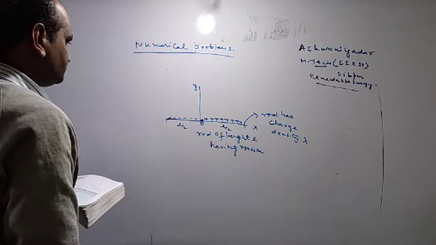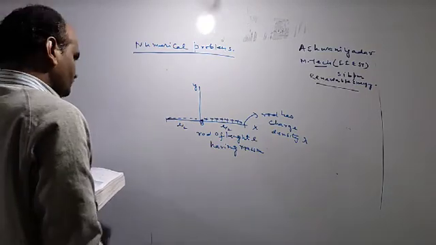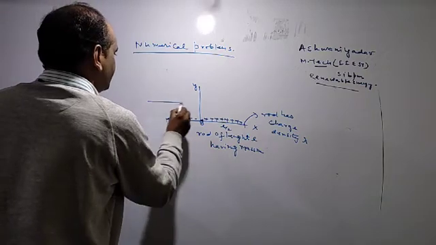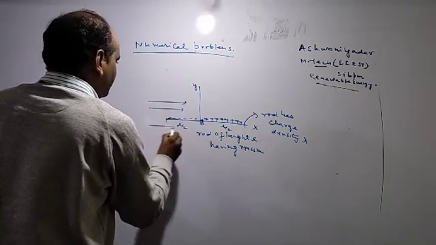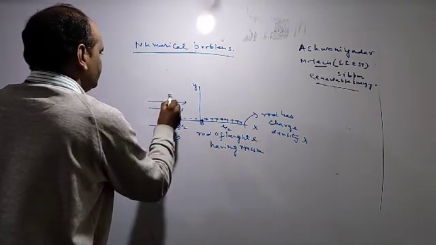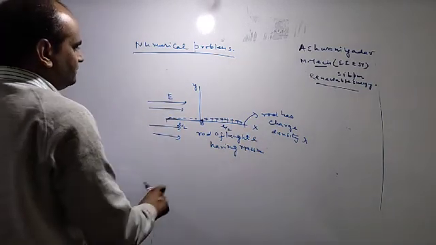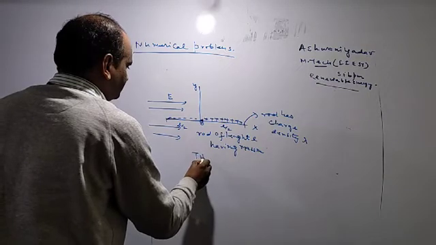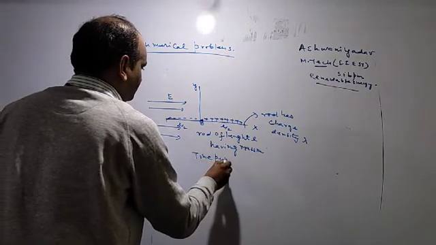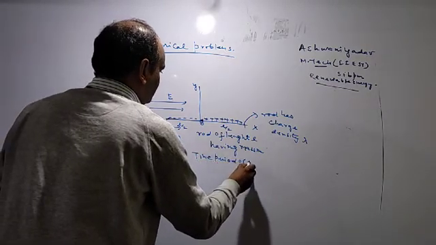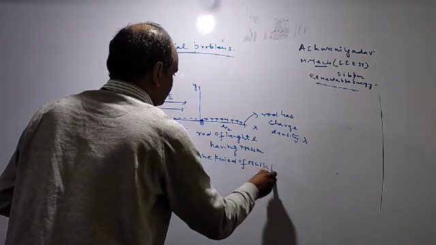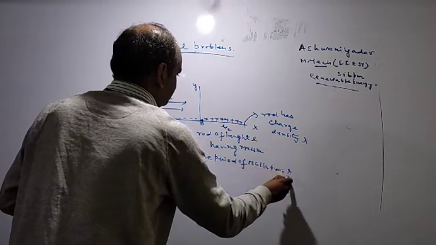And a uniform electric field exists in this space along this direction. Now you want to find the time period of oscillation. Okay, this is your question.